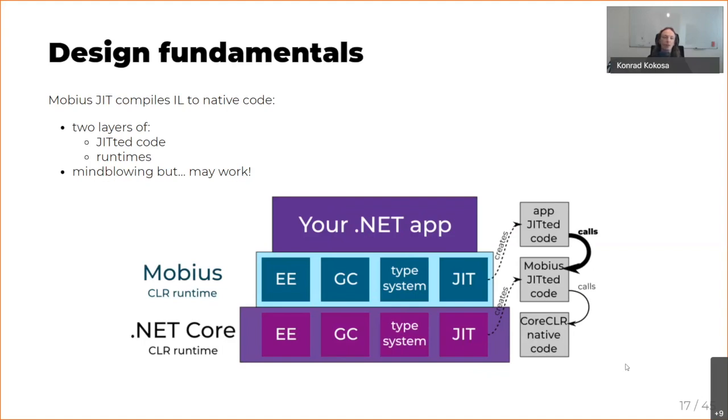So in the end, performance maybe is not so important here, but still it may be valid to run something on it, as it will not be, for example, 10 times slower than a regular application running on the regular runtime. So we have these two levels, and conceptually, all that matters is the JIT that will produce the code that will be run as your application.